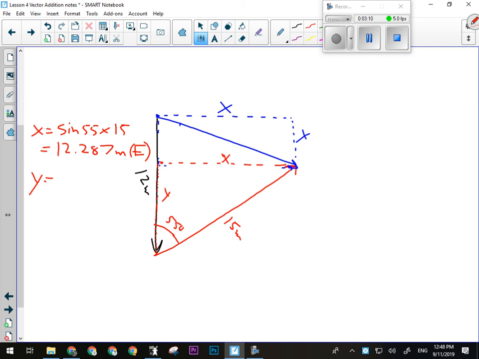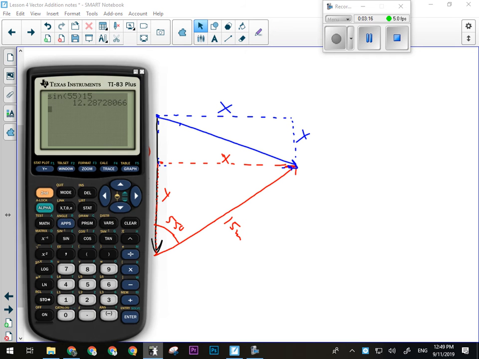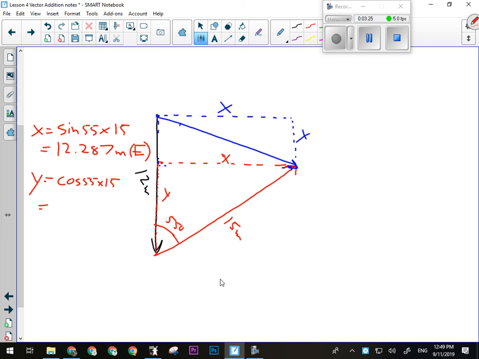Then I'm going to find y. Y is the adjacent side, so that'll be cos of 55 degrees times 15. And we're looking at 8.604 meters, and that one is north.